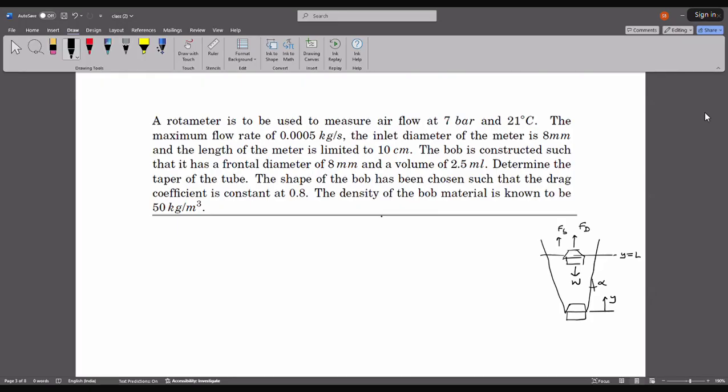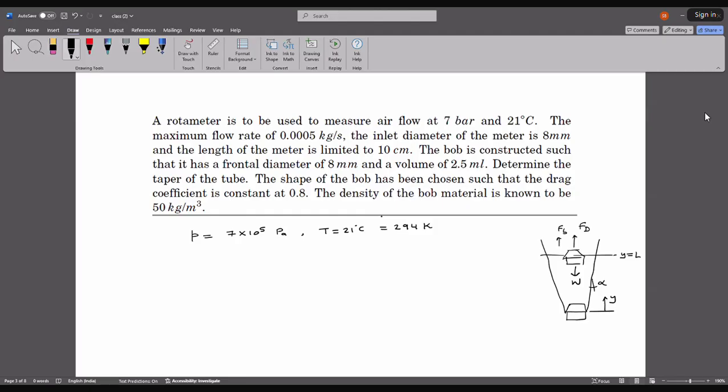So the question says a rotameter is to be used to measure airflow at 7 bar. So the pressure is 7 bar, that is 7 into 10 to the power 5 Pascal, and temperature is 21 degrees centigrade, that is 294 Kelvin, right?